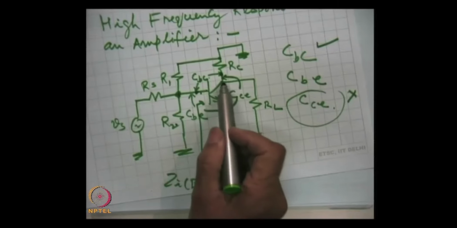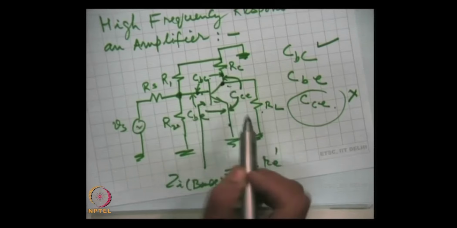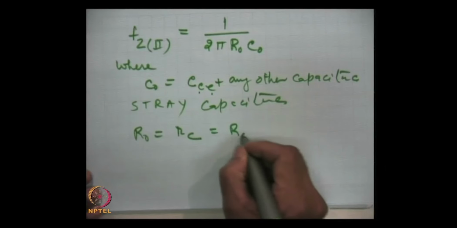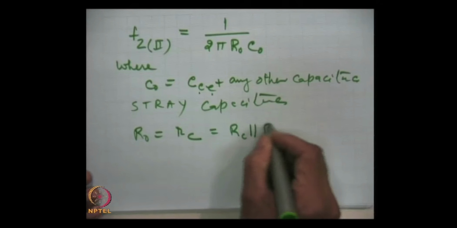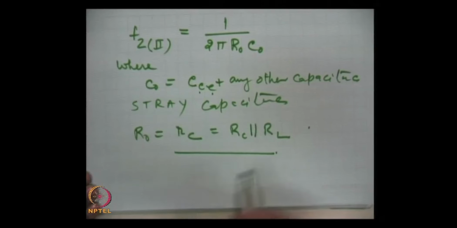These two resistances are in parallel, this is ground, this is ground. So, what is the equivalent impedance between this collector and ground? That is equal to R_C in parallel with R_L.